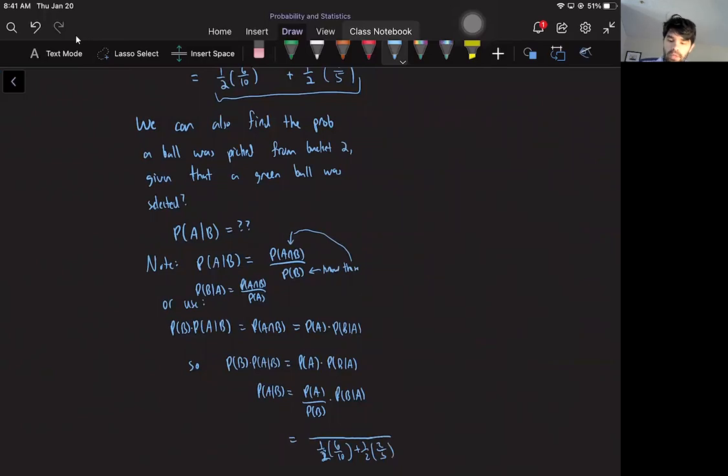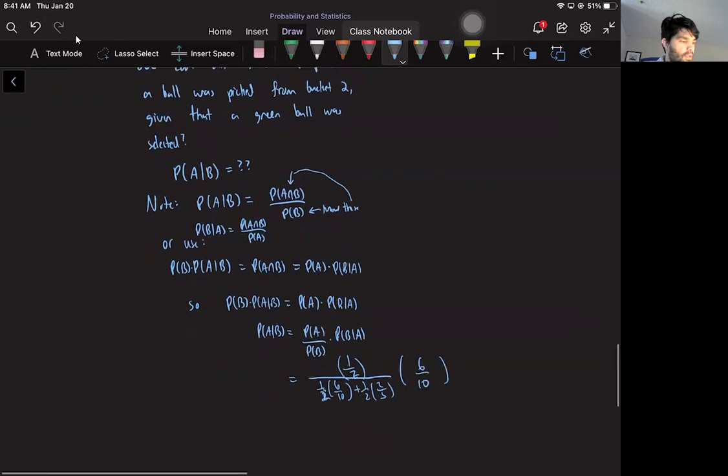The probability of A, the probability of choosing bucket 2, is just a half, because both buckets have 1/2 probability of being chosen. And then the probability of B given A is what we got before, the probability of getting a green given that you're in bucket 2, that was the 6 out of 10. Okay, so then you can simplify this if you want, but that's that.